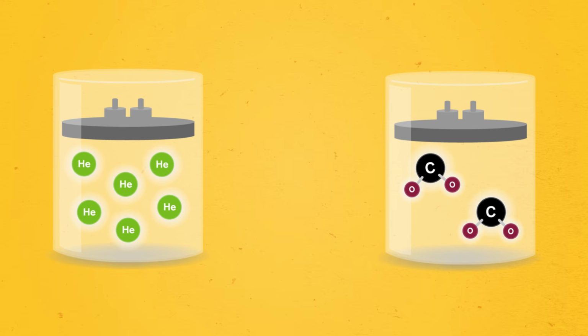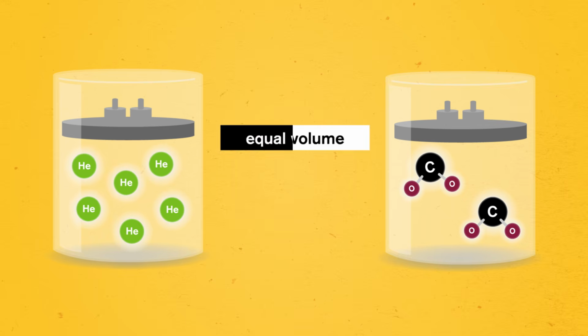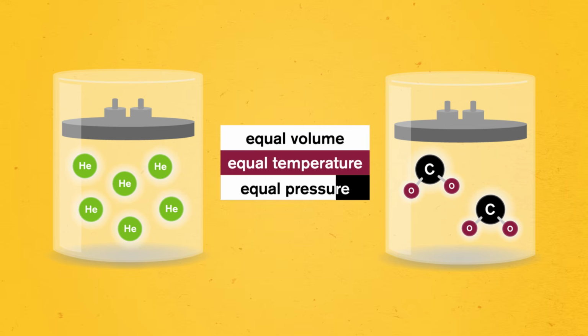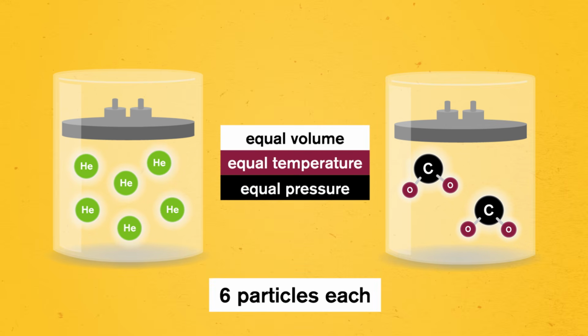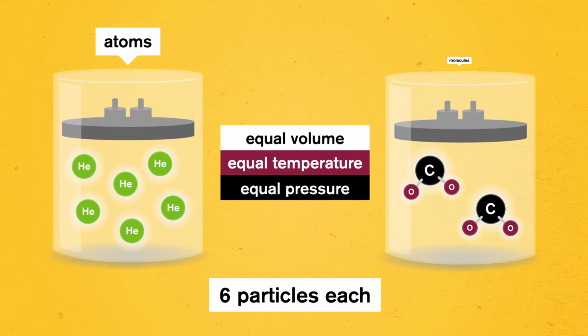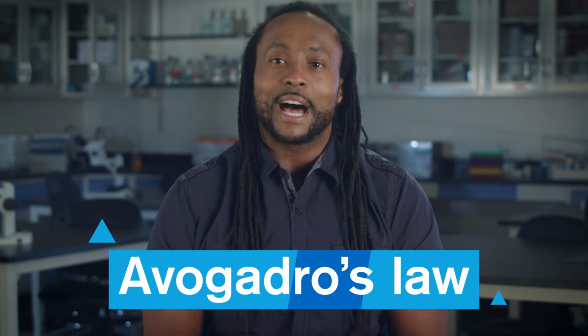He did lots of experiments on the properties of gases and eventually hypothesized that any two gases in containers of equal volume at equal temperature and pressure contain the exact same number of particles, whether they're present as atoms or molecules. This hypothesis was published in 1811, and although his efforts were not really well known or appreciated until after his death, we now refer to this idea as Avogadro's Law.